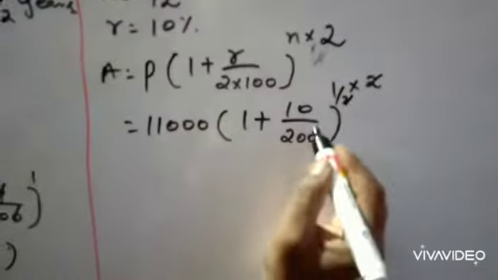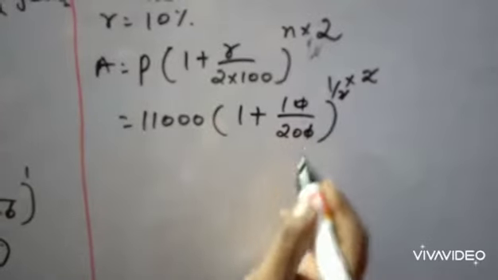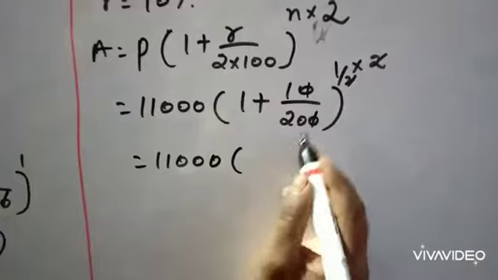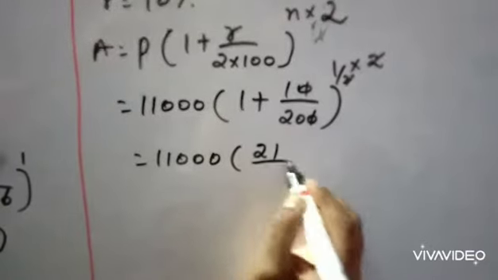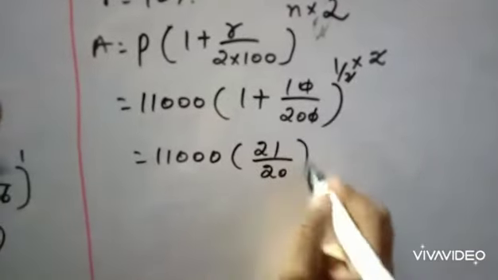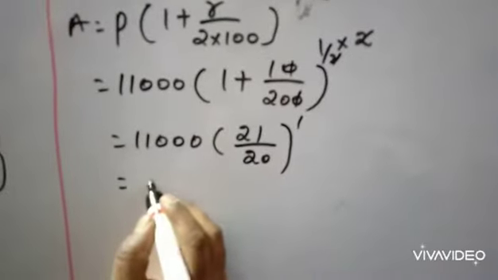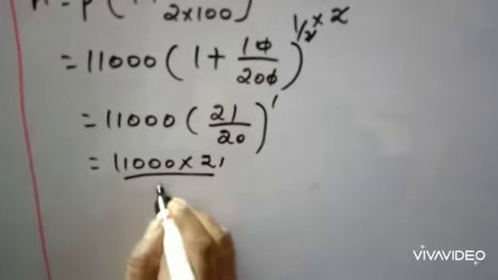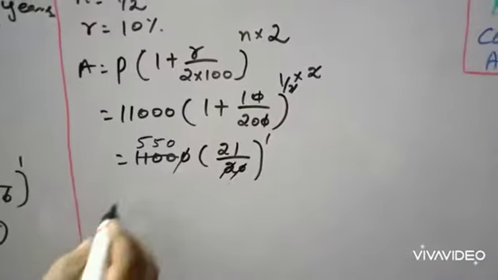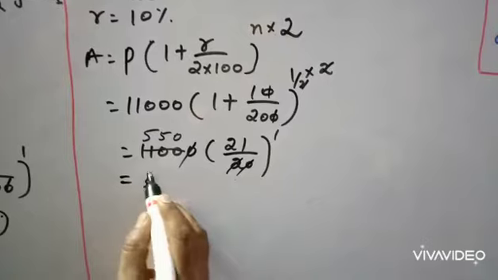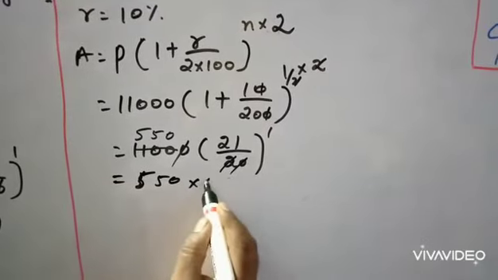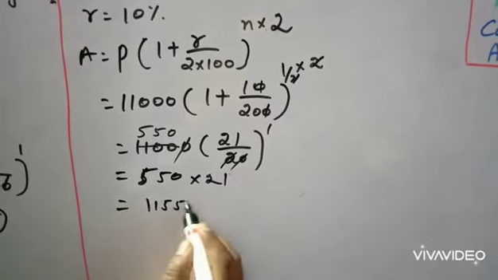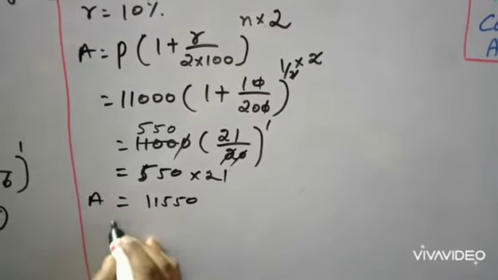The 2s we can cancel, and this 0 we can remove. So now 11,000 into 21 by 20, power 1, equals 11,000 into 21 by 20. So now we have 550 into 21 equals 11550. So this is the amount.